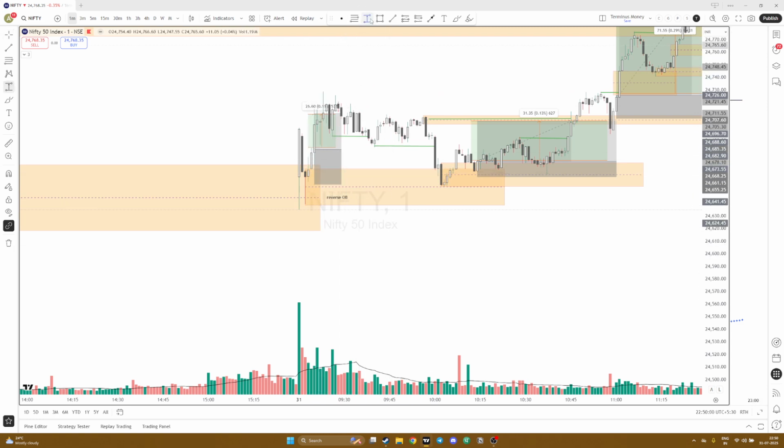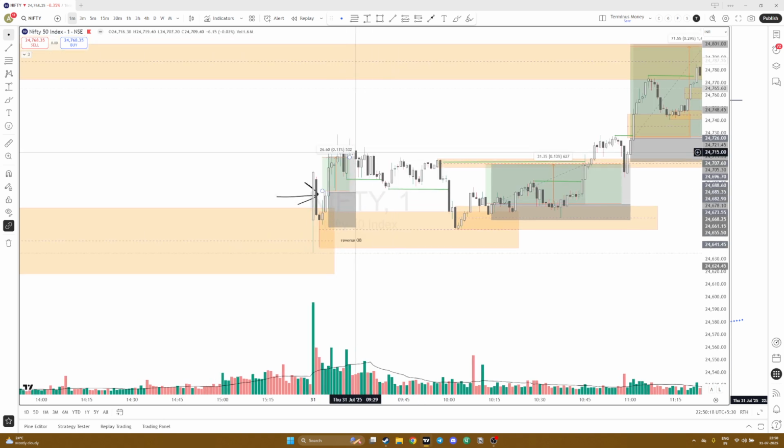And when this happened, this big candle right here, I entered here for a quick scalp trade, and this was the result. I know it was a high risk high reward thing, but yeah, it was a quick scalp for the day.